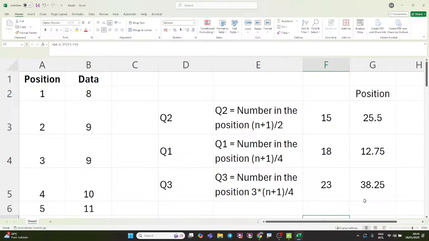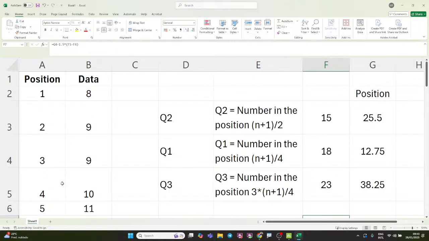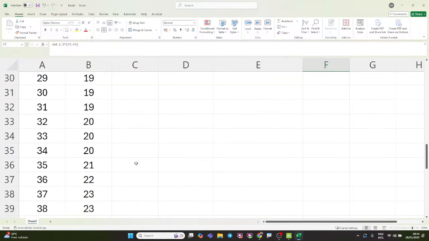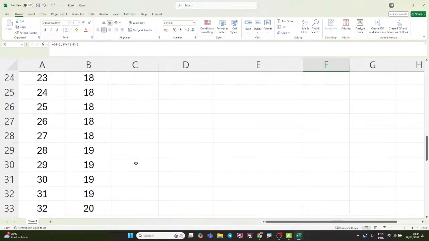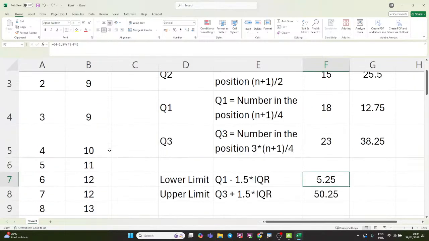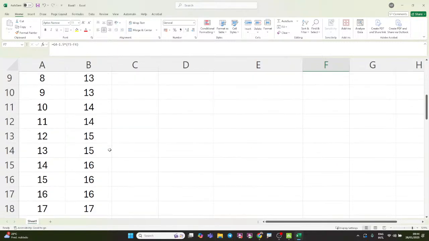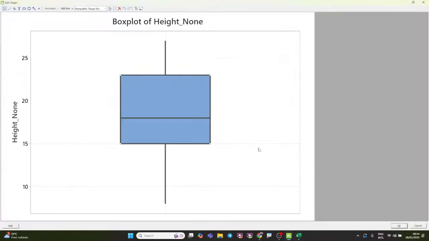Just 1 second, guys. I believe I have changed the sequence here, but I think with these numbers it will be good.